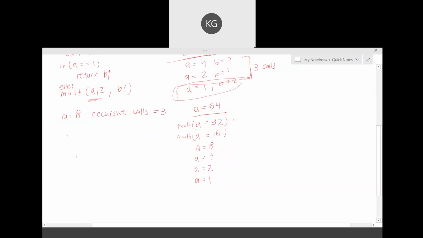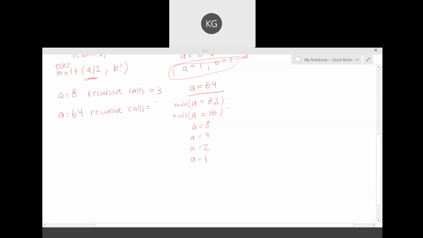So for A is equal to 64, how many recursive calls did we have? But weren't we calling the mult twice in one call?